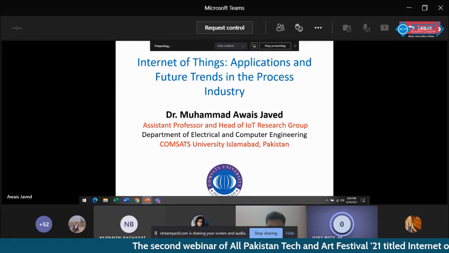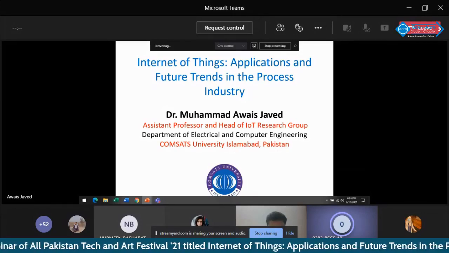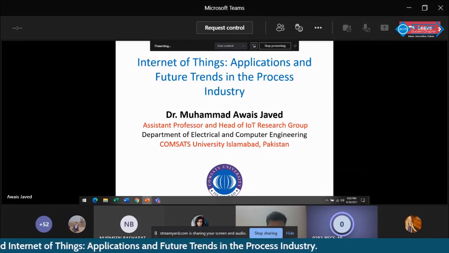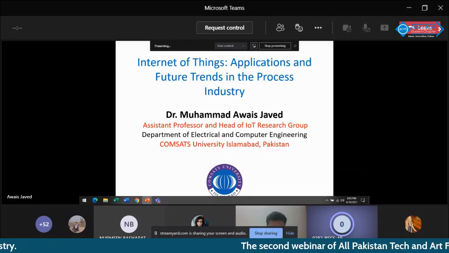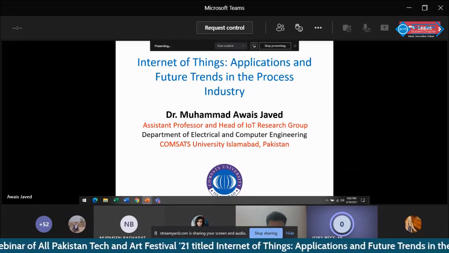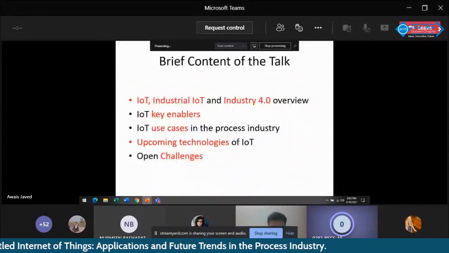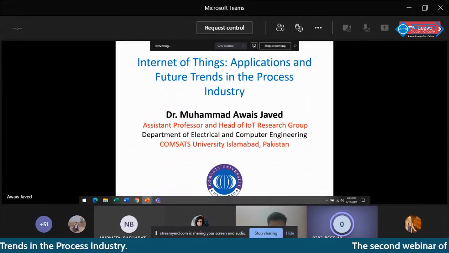This will be followed by a brief overview of Industry 4.0, improving productivity at a lower cost with enhanced safety, machine health monitoring, and prognostics.